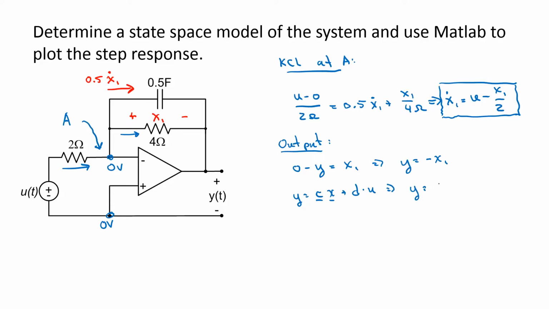So y is equal to negative 1 times x1, which is my vector of state variables, plus 0 times u. So c is equal to negative 1, d is equal to 0, a is equal to negative 1/2, and b is equal to 1. There's my state variable model.